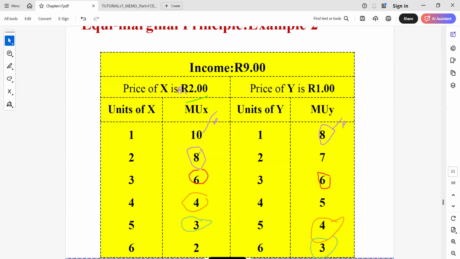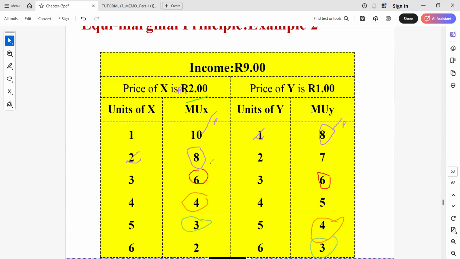If it is 8, the person can purchase 2 units of good X and 1 unit of good Y. So 2 times 1, you're going to get 2, and then 1 times 1, you're going to get 1. 2 plus 1 is 3. So this does not satisfy the second condition, which said that it must be equal to the income of the consumer. So this one is out.